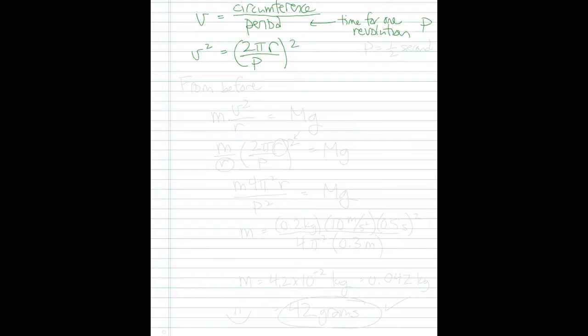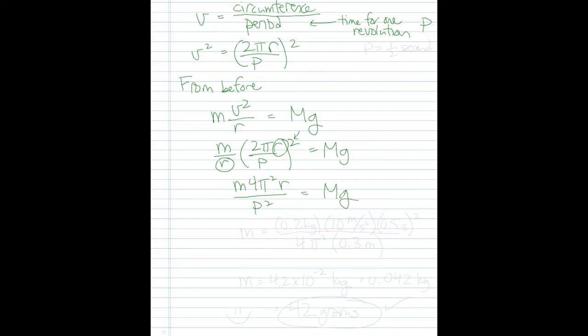Okay, fair enough. So let's see. So we had m from before. We had m v squared over r was Mg. And so this becomes m over r, 2 pi r over the period squared is Mg. And these factors of r we can simplify. So this becomes m 4 pi squared r over p squared is equal to Mg.